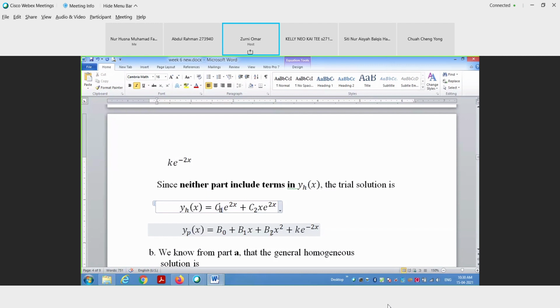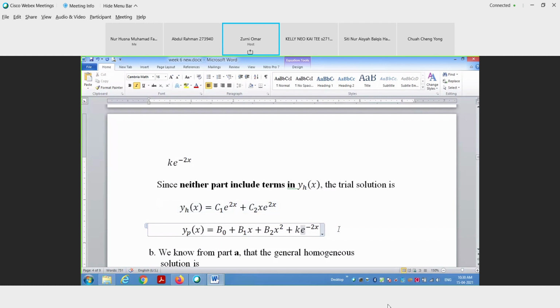And when you compare this with this, it's not in the same form because this one is e^(2x), while this one is e^(-2x). So they are not in the same form.